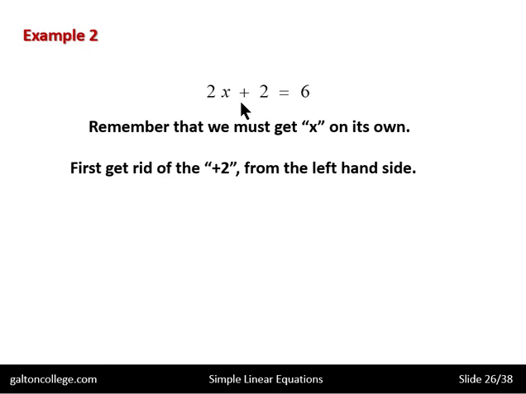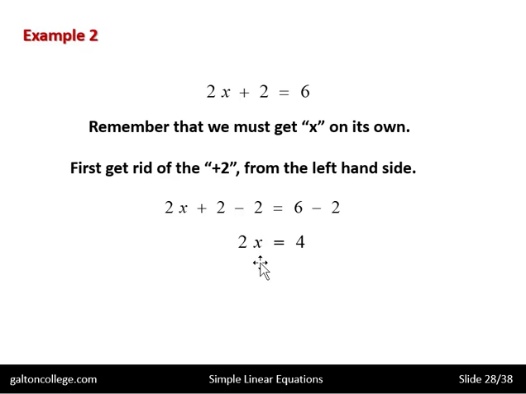But if you add minus 2 to the left hand side, you must add minus 2 to the right hand side. So we add minus 2 here, we add minus 2 over there. The 2 and the minus 2 will cancel. The 6 and the minus 2 become a 4. So you have 2x equals 4.